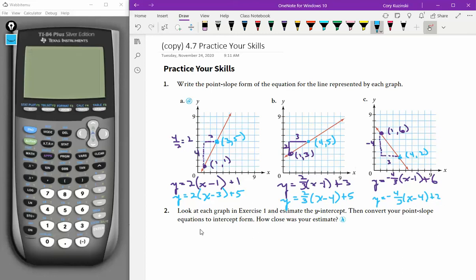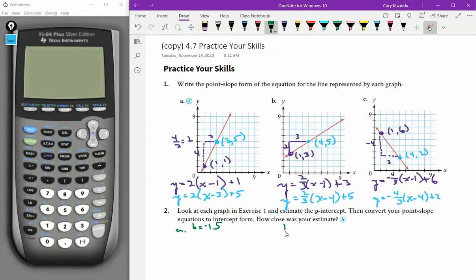All right, now we're going to look at each graph, estimate the y-intercept, and then convert our point slope equations to intercept form. It looks like the y-intercept on A is going to be maybe -1 or -2. I'll use b to represent the y-intercept, so we'll say -1.5.